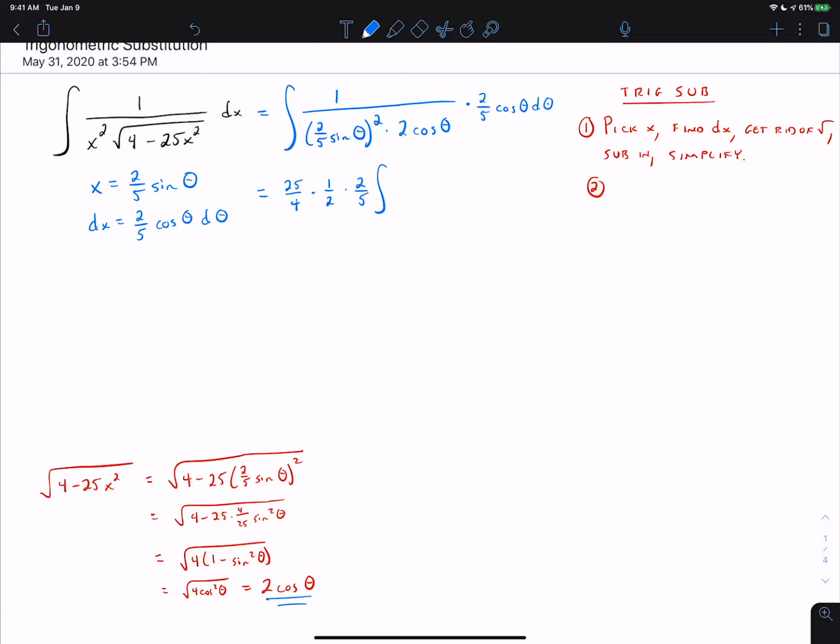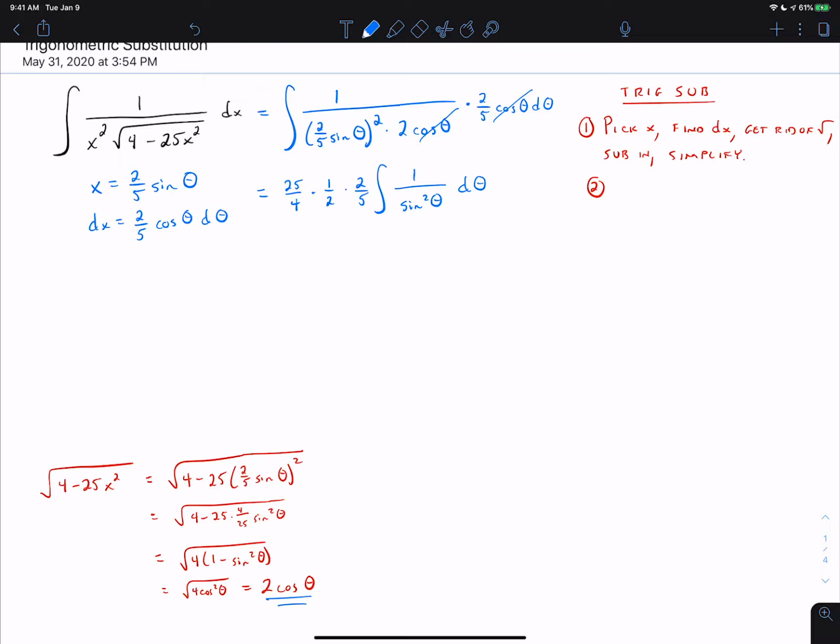Also on this problem, the cosine thetas cancel, and we're going to get 1 over sine squared theta d theta. All of that together is the first very broad step: we pick x, we find dx, we get rid of the square root, we substitute in and simplify.